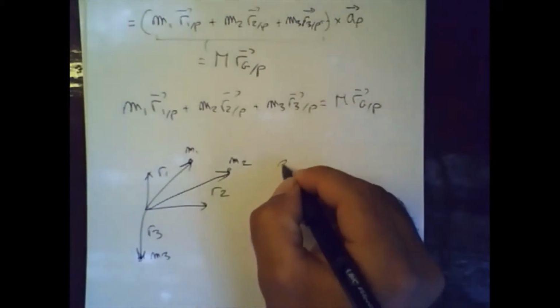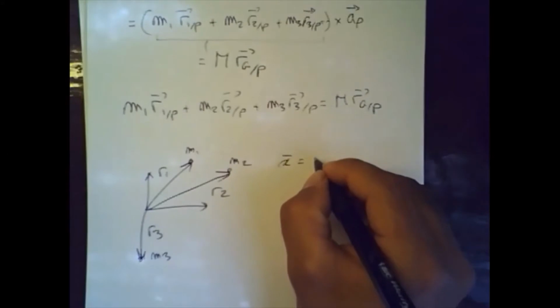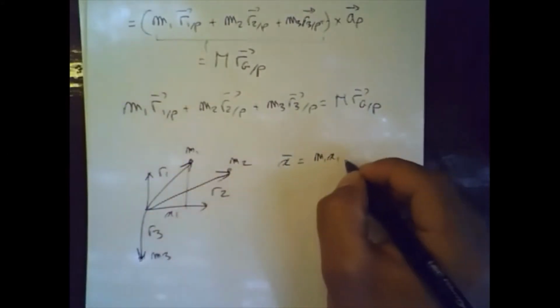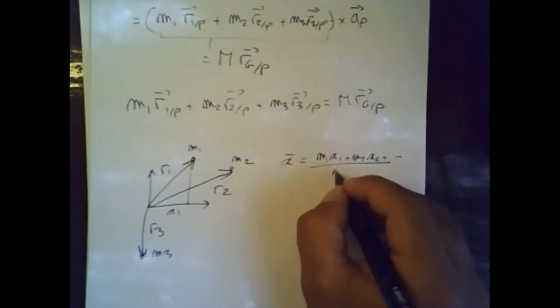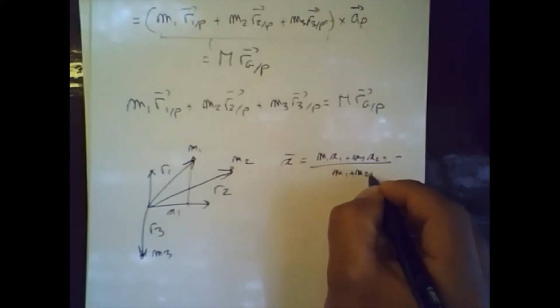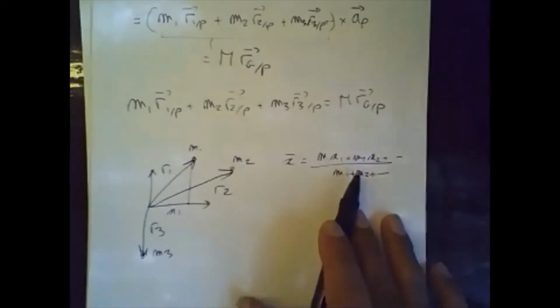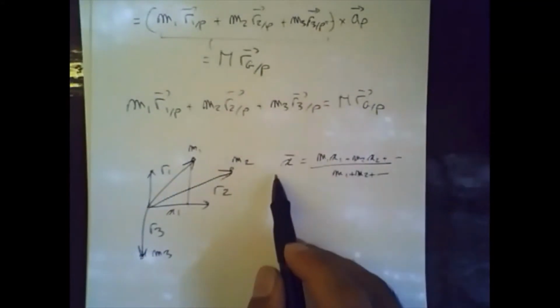You guys probably know. You can find, for example, x bar. x bar is going to be equal to m1 x1 plus m2 x2 plus etc., divided by m1 plus m2 plus the remaining masses. Are you guys familiar with that? Yes. Okay, very good.